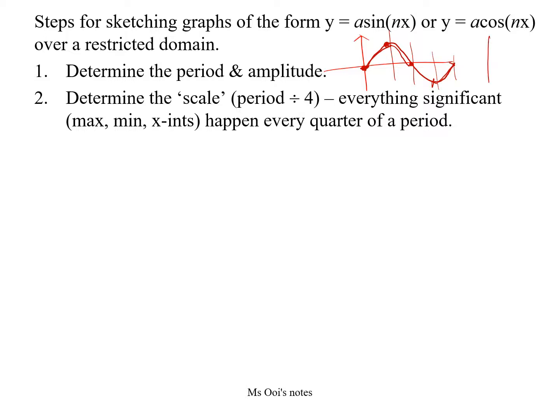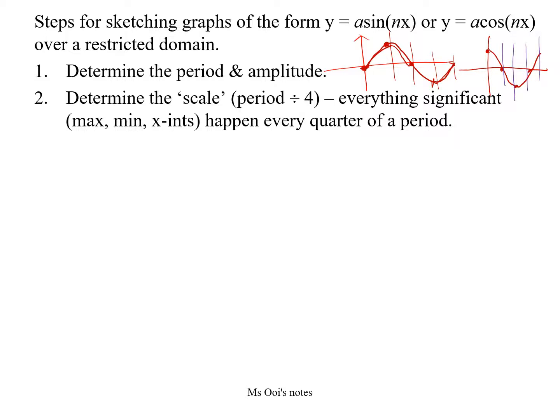Cosine curve, a standard cosine curve, starts from the max. So like this: maximum, center, minimum, center, maximum. Again, you divide this into 4 parts. You've got a graph chopped into 4.